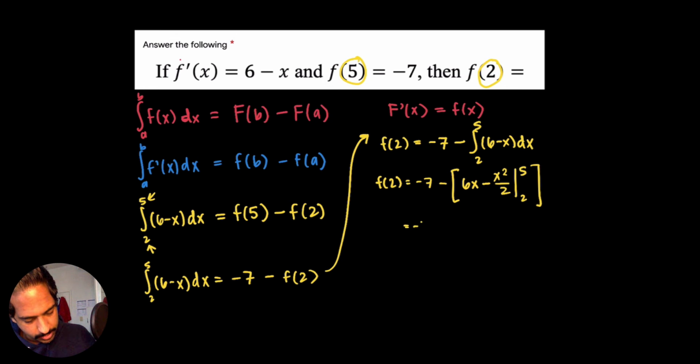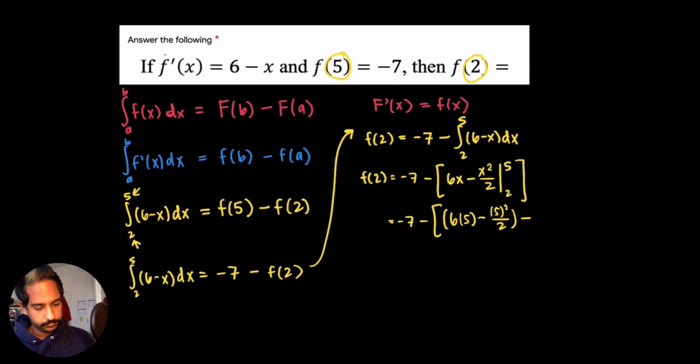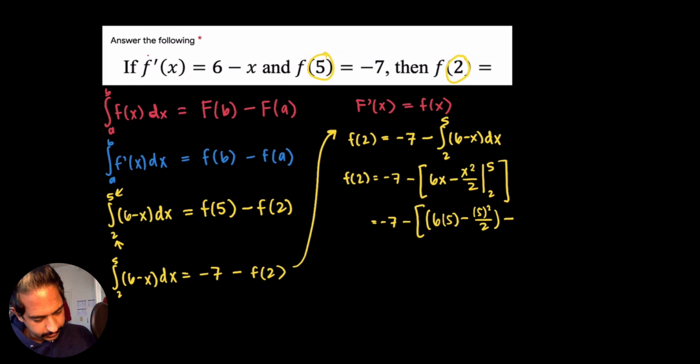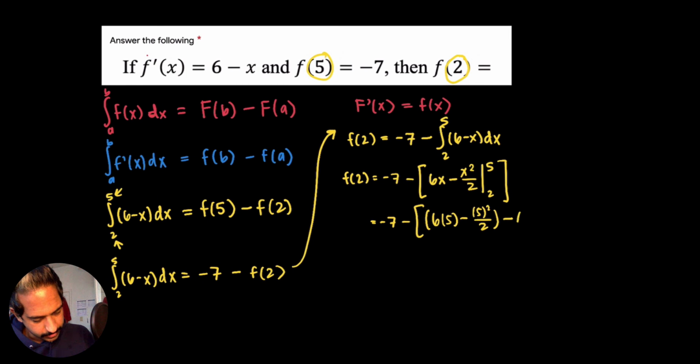Negative 7 minus, the first one is going to be 6 times 5 minus 5 squared over 2, minus, I'm going to scooch this over just a little bit, 6 times 2 minus 2 squared over 2.